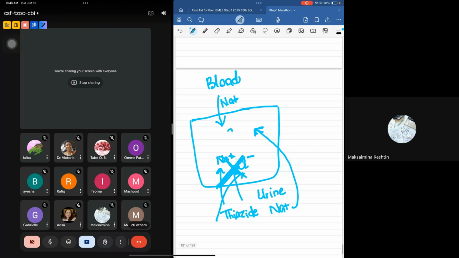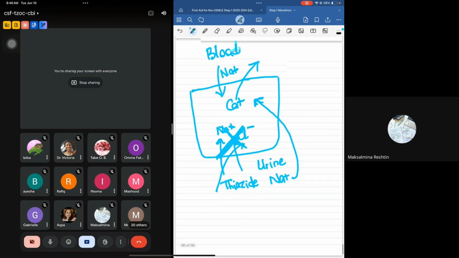And all the calcium present in the cell is going to go out with the help of the sodium calcium antiporter. So in order to get sodium, the cell takes sodium from the blood and pumps calcium out into the blood, right?